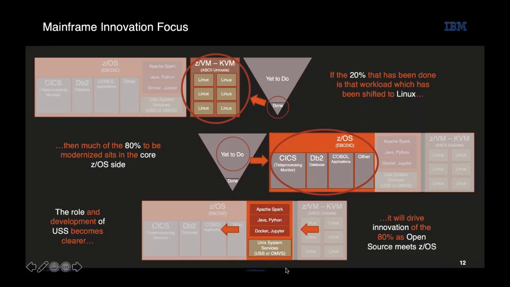What's interesting to me is that the Unix System Services and the new zCX, the Docker environments that run in z/OS, are going to be the means that pull the innovation happening in the open source world and have it start to impact z/OS in a very significant way.